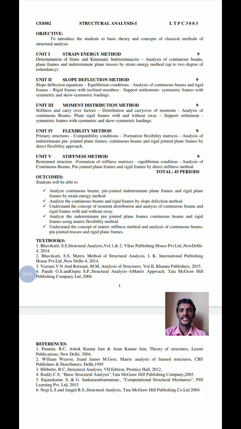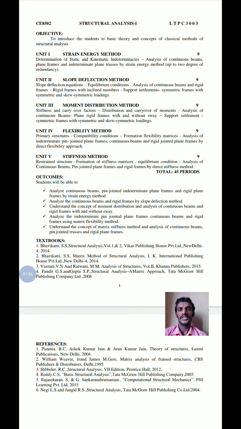First method, Unit 1, strain energy method. The strain energy method is mostly based on Castigliano's theorem. We already discussed Castigliano's theorem in previous semesters, in Strength of Materials 1 and Strength of Materials 2. The continuation of that subject is Structural Analysis 1.